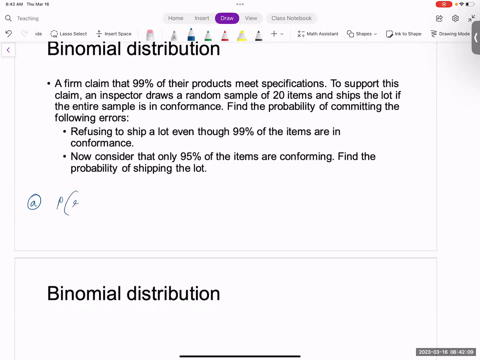So the probability of refusing to ship the lot is equal to the probability of one or more defective items, where defective means something which is not conforming. Can I say that this is equal to 1 minus the probability none are defective?